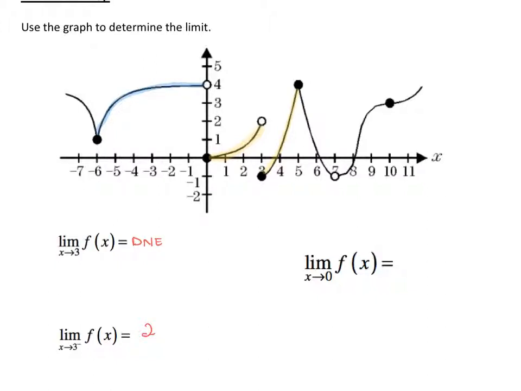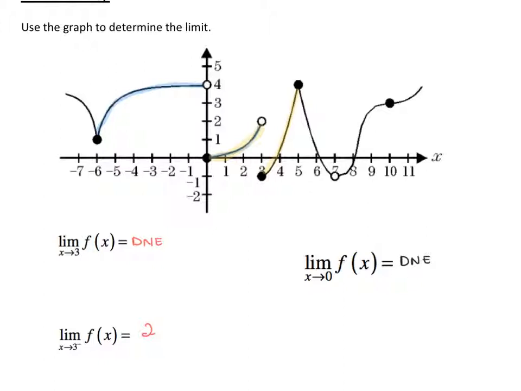And as we approach 0 from the right side, we hit that black point. So what about the limit as we approach 0 from the right and the left? They're different. So what does that mean about the limit as x approaches 0? It doesn't exist, right? Are we clear on this concept?